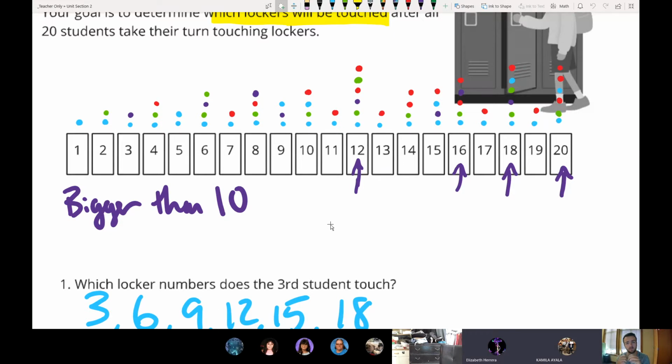Yeah, they're even. They're all even? Yeah, very good. So they're all bigger numbers. They're all even. Now, do you think that gives us a reason as to why those numbers are landed on or touched more than other numbers?